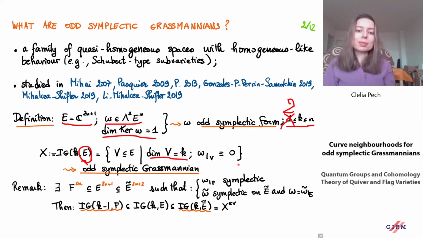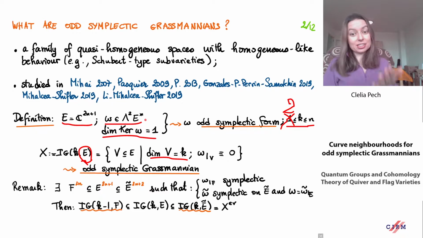These spaces have been studied quite a lot. Mihai is probably the first, as far as I know, who studied their properties, also studying odd symplectic flags. Then Pasquier looked at some varieties called horospherical varieties. I'm going to mention that a little bit later.